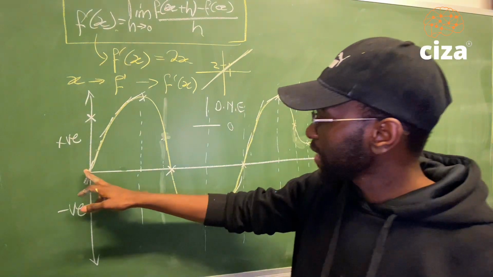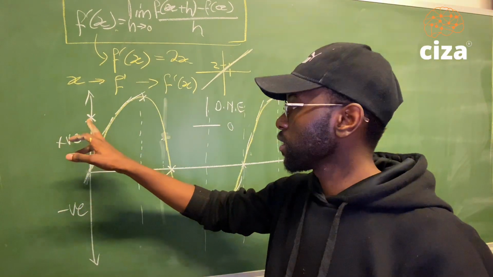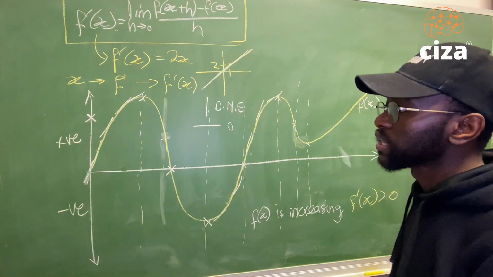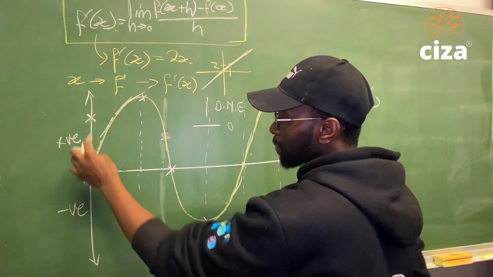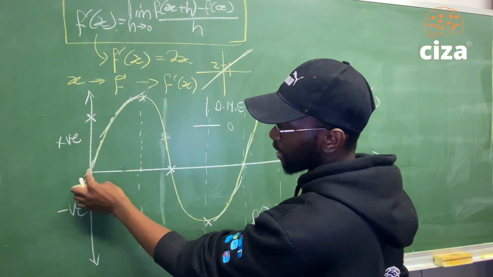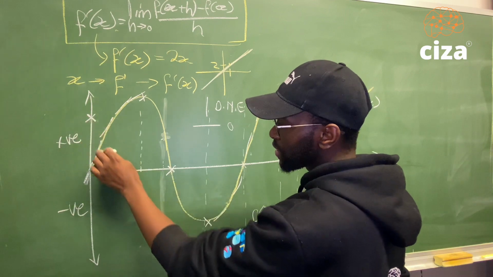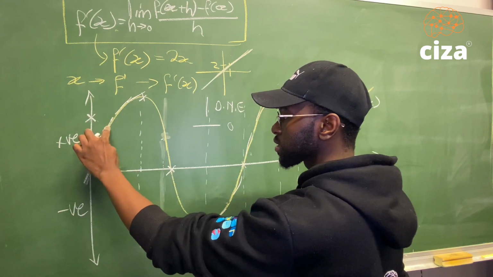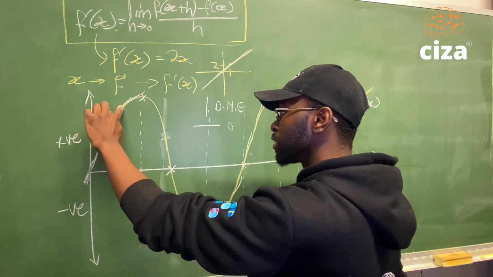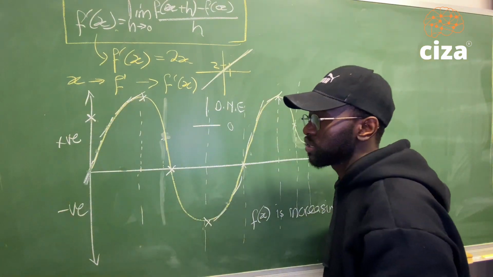Now, the gradient here, we are now drawing the function of the derivative. It will start up here because the gradient here is high, and what I'm plotting now is all the gradients at the different points of the original function.